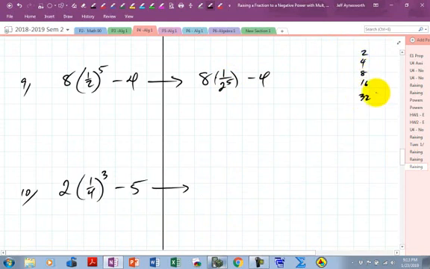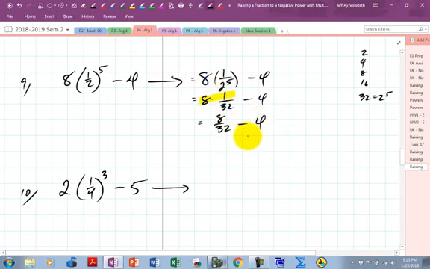Okay, that's 2 to the 5th power. So 8 times 1/32 minus 4. When you multiply your numbers here, 8 times 1/32 is 8/32. But before you subtract 4, simplify first, like I said. Both 8 and 32 are divisible by 8, so you get 1/4 here, minus 4.